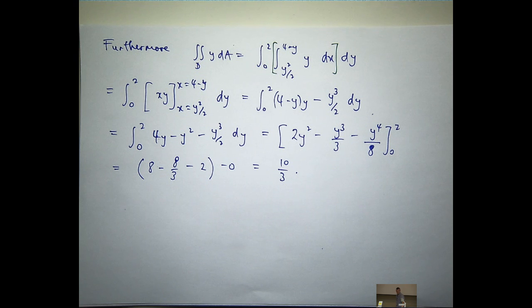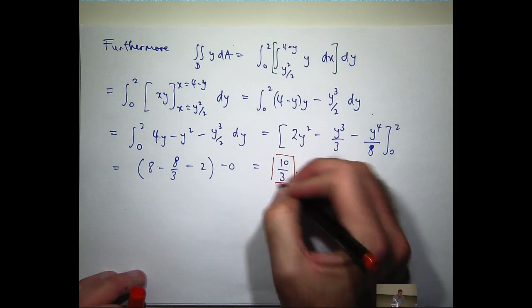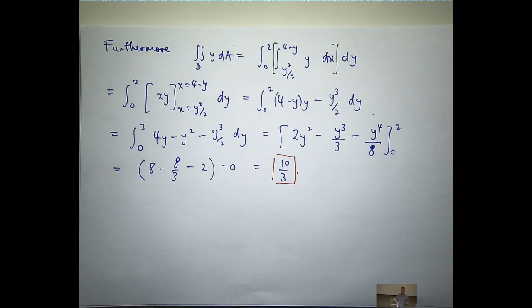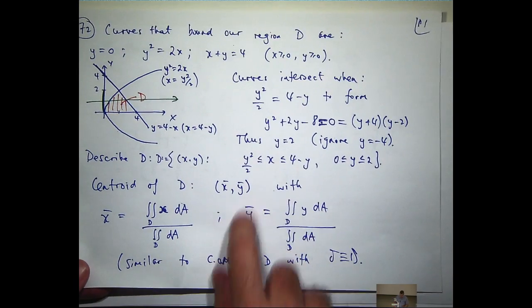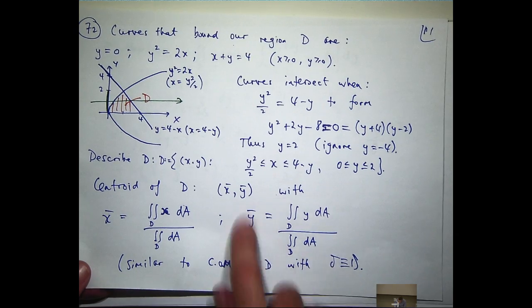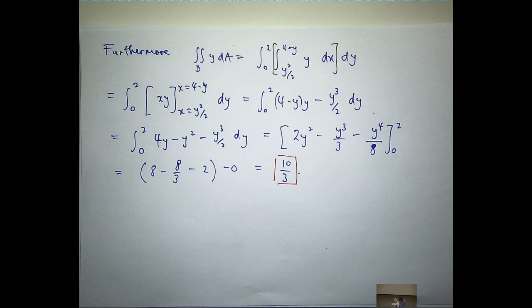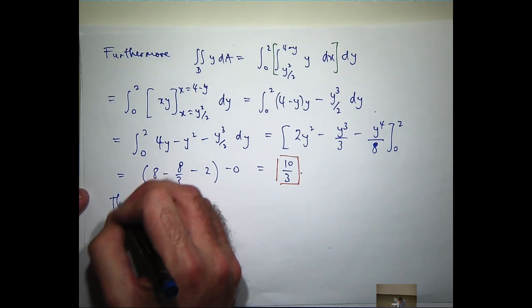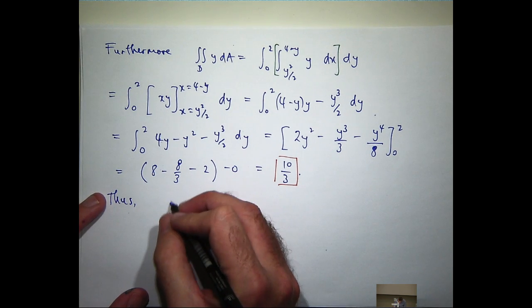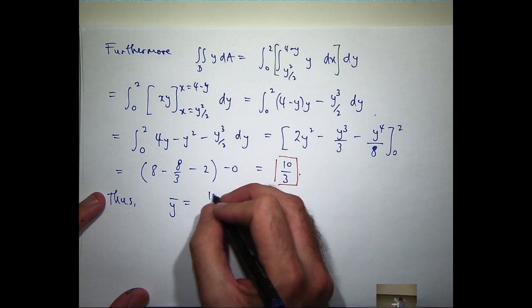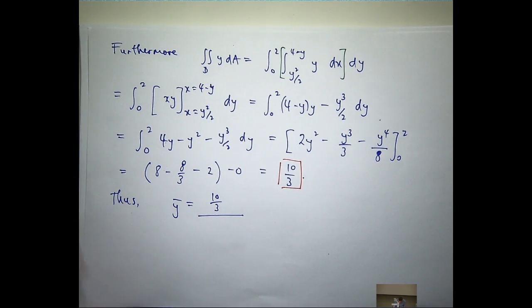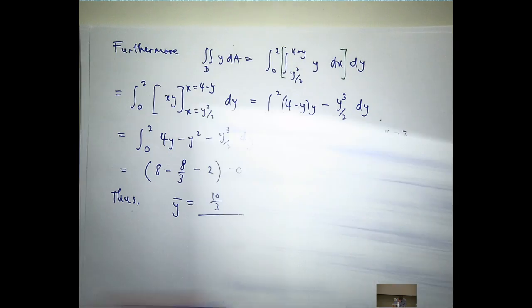Okay, so finally, we can find our y coordinate for our centroid, or our centre of area. It's going to be this divided by the area. So the area was 14 on 3.